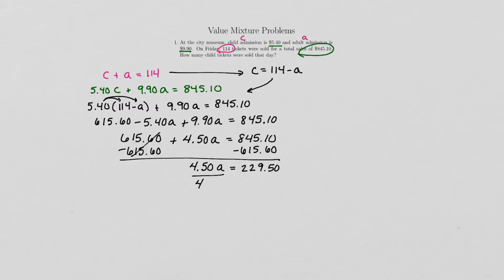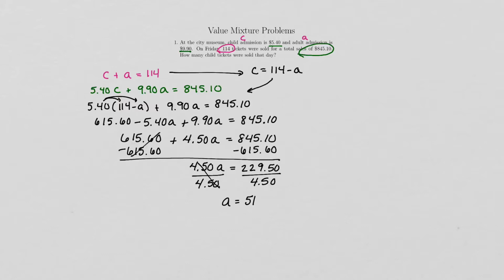And so we divide both sides by 4.50. A turns out to be 51. And it's good it turned out to be a whole number, right? Because if you're talking about selling tickets, you're talking about a whole number of adults. There's no half of an adult that goes to a show.